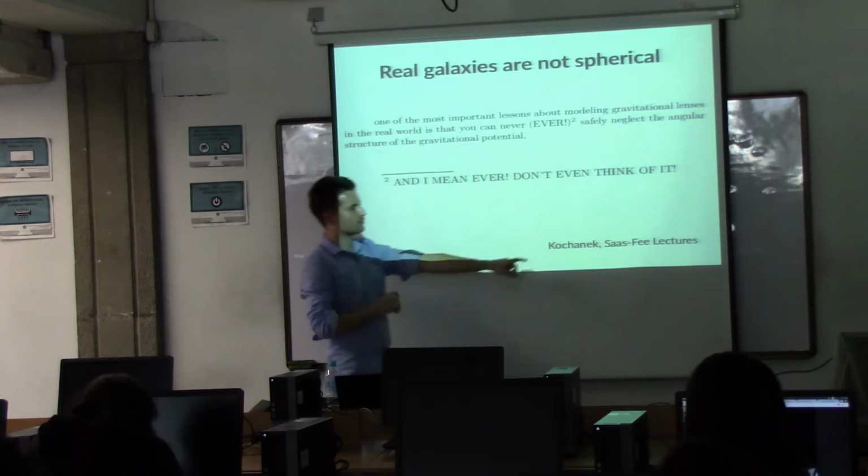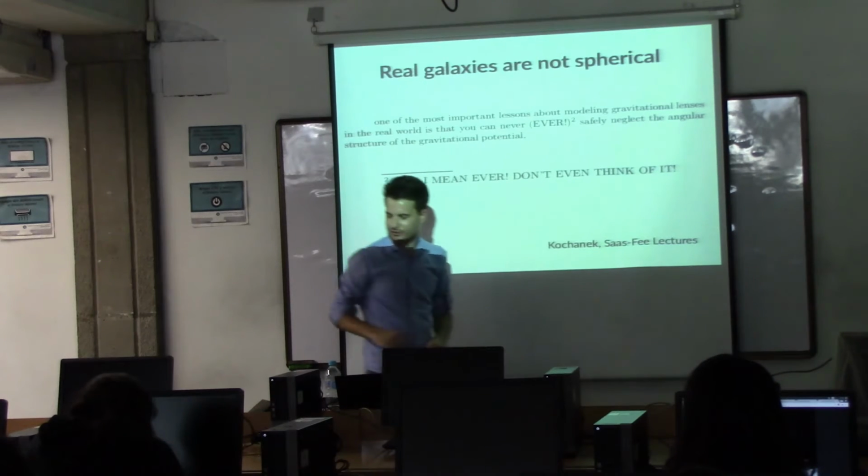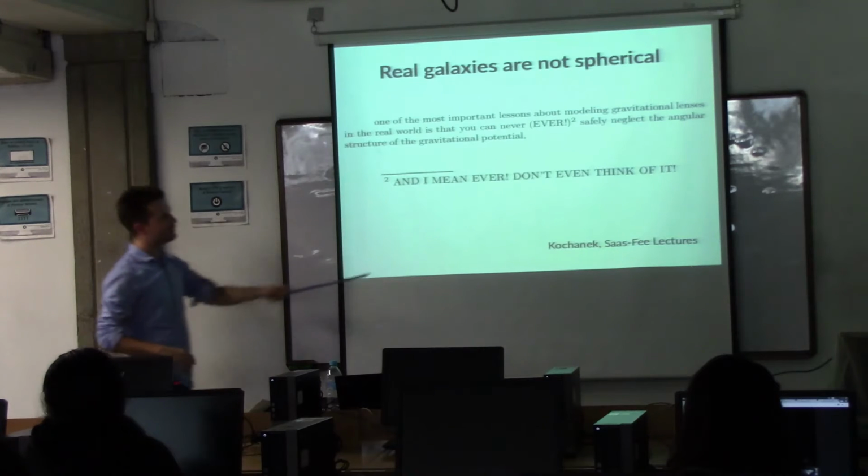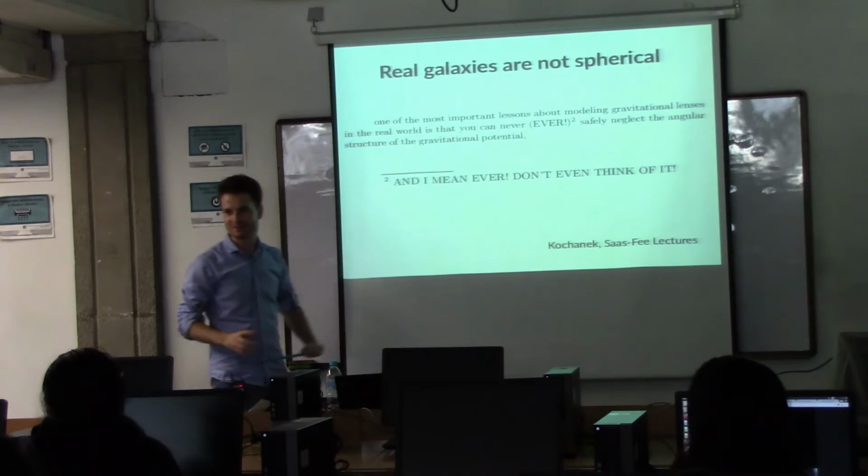And this is a quote from the SAAS-Fee lectures that you have access to, from Chris Kochanek, which is quite famous in the field because he's using caps lock in a textbook twice.